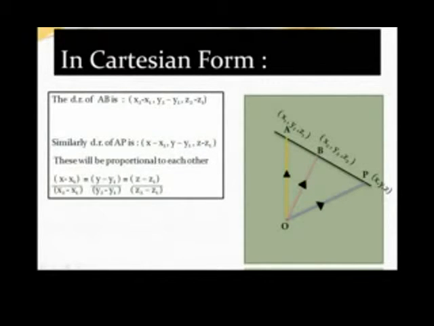Now these are nothing but the extended versions of the same line. So the direction ratios would be proportional to each other, and hence (x minus x1) by (x2 minus x1) is equal to (y minus y1) by (y2 minus y1), which is equal to (z minus z1) divided by (z2 minus z1). So this represents the equation of the line which passes through the points x1, y1, z1 and x2, y2, z2.